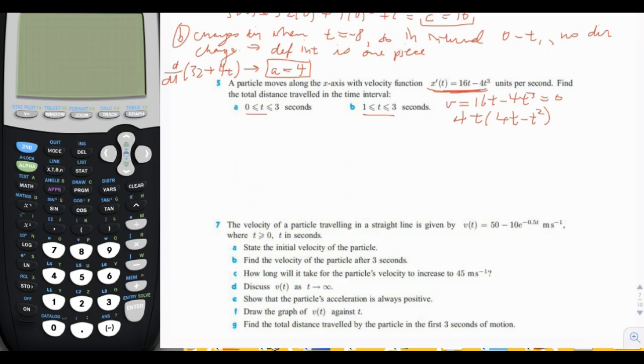Oops, not 4t minus t squared, it's 4 minus t squared. Okay. And so the roots here are going to be t equals 0 and t equals plus or minus 2. Okay? So the direction changes are at t equals 0, t equals negative 2, and t equals plus 2.